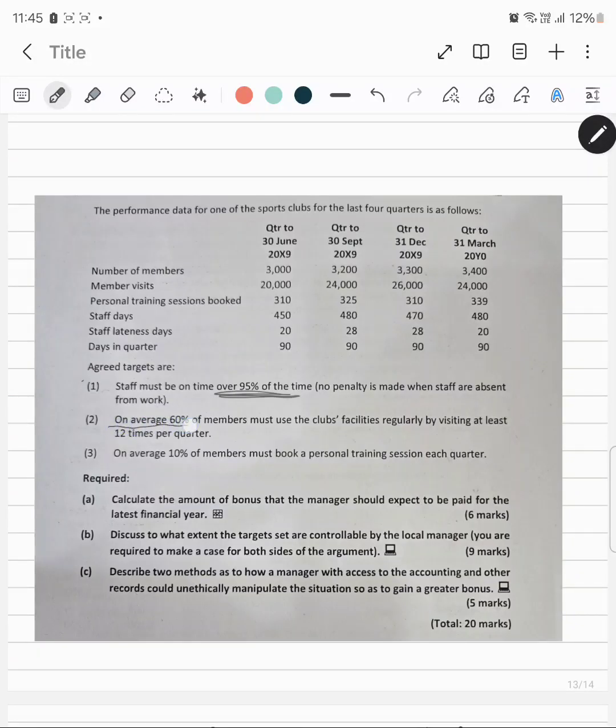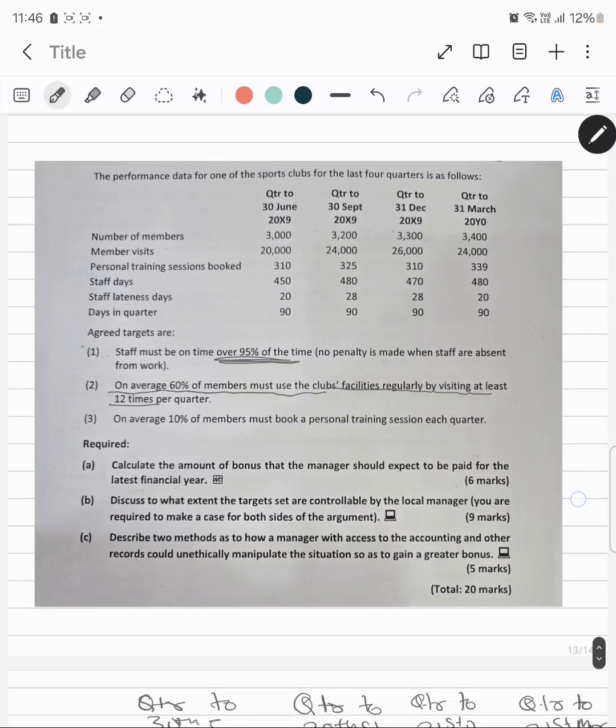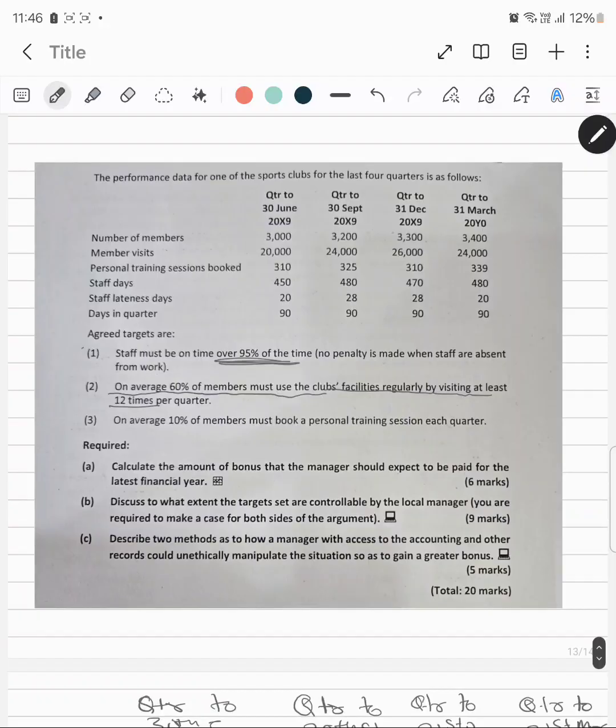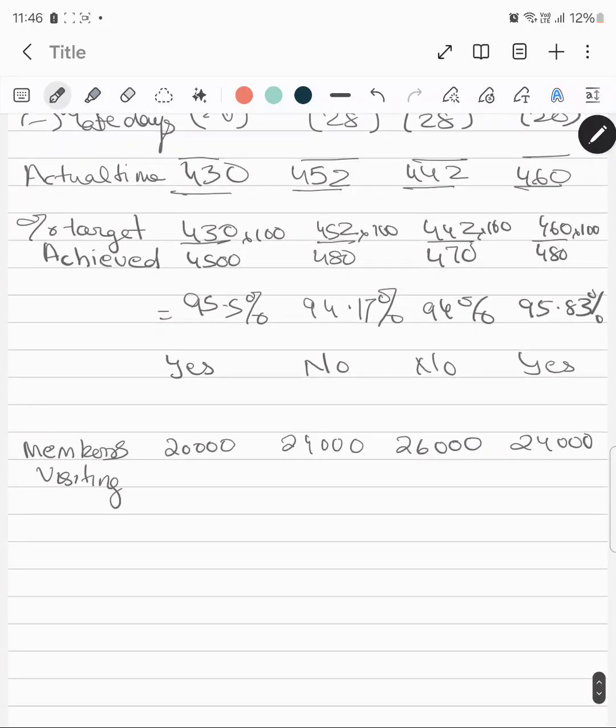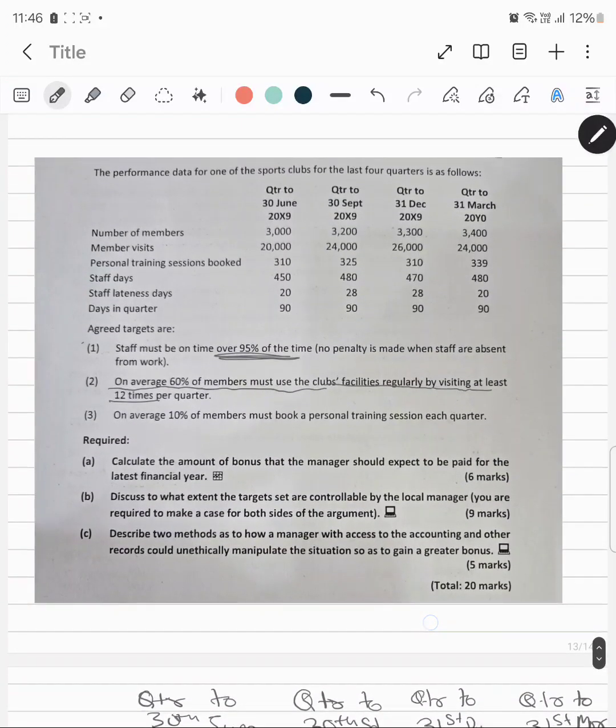On average 60% of the members must use the club's facilities regularly by visiting at least 12 times per quarter. So the target should be that number of members which are visiting 12 times per quarter. I'll write the target over here and explain it with the help of the first quarter.